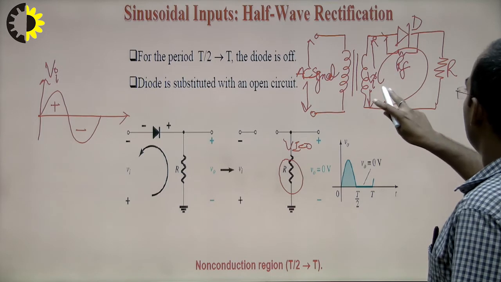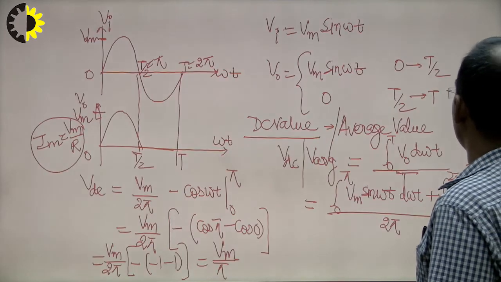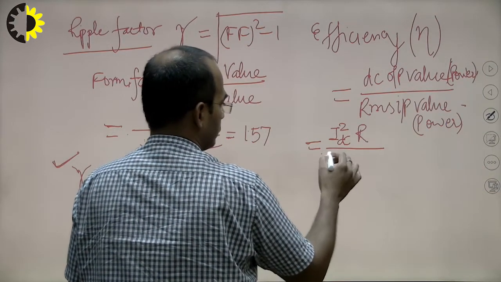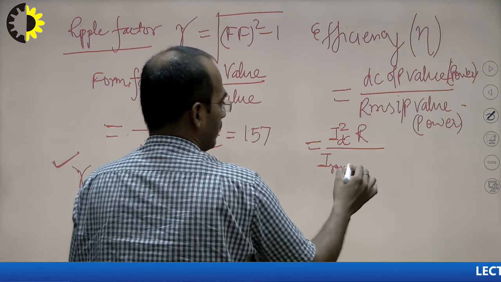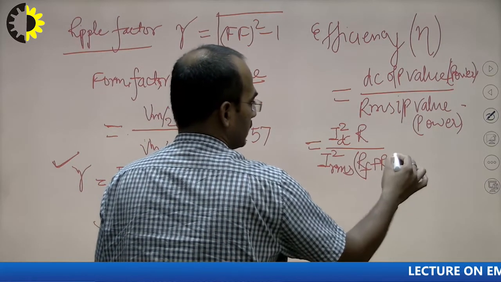So, the AC input power will be IRMS square multiplied by RF plus R.